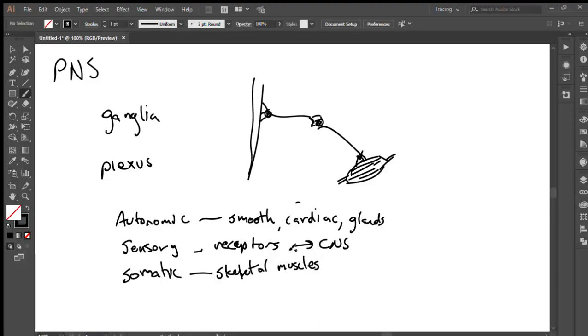Last division here we're going to talk about, the autonomic is divided into two parts. The sympathetic and the parasympathetic. Okay.